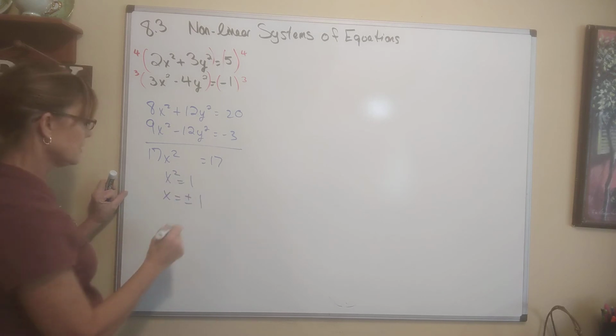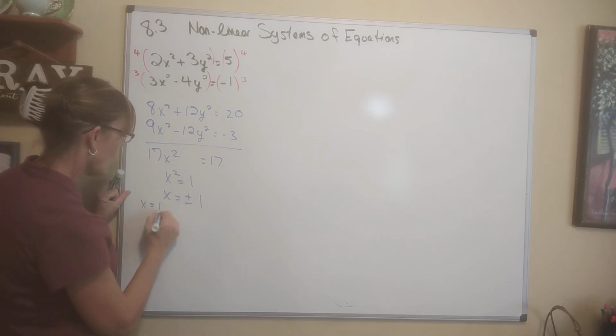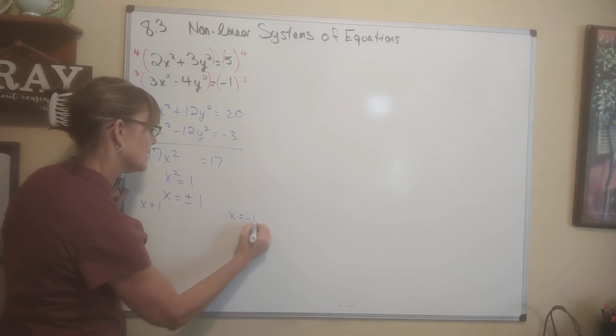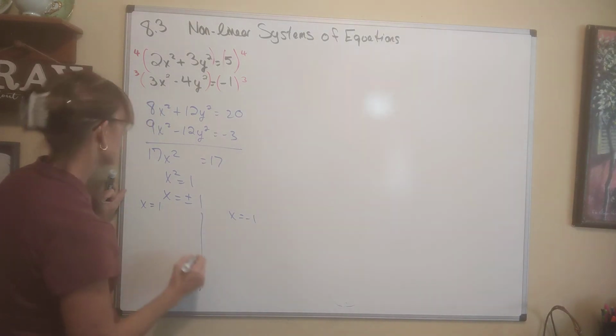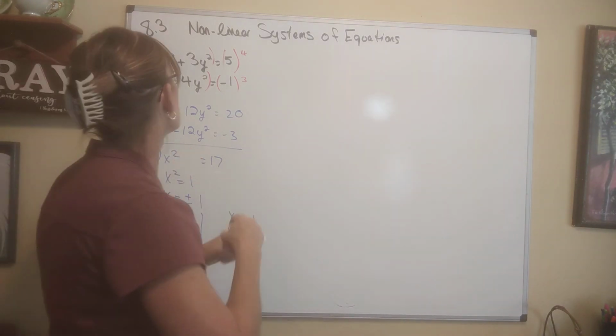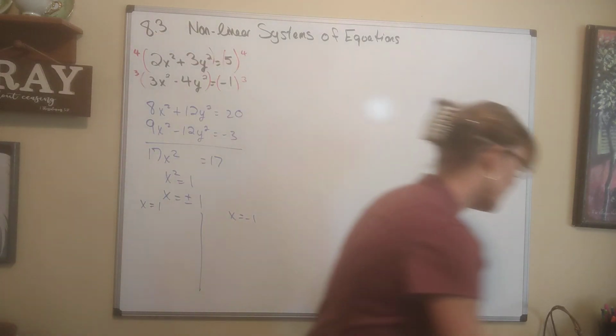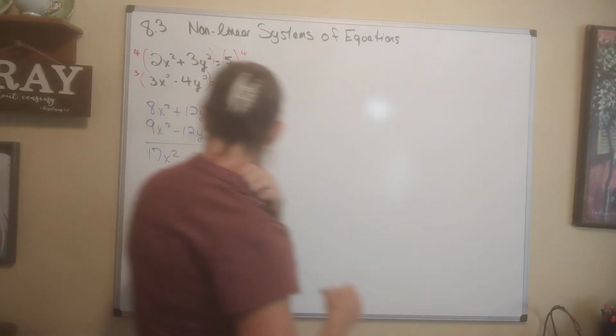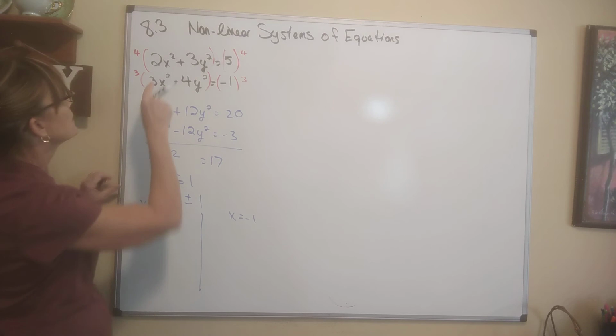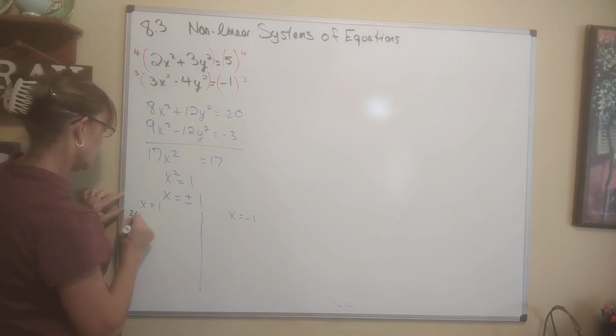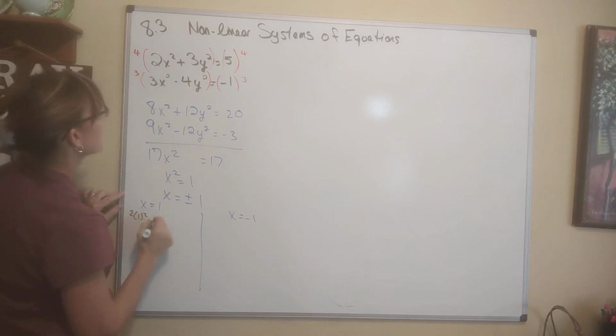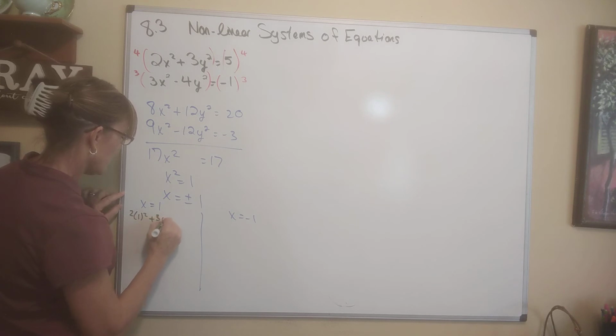So let's do this. When x is 1, what happens? When x is -1, what happens? Plug it into either equation. I'll just choose the top equation and work with it. So in the top, when x is 1, I'll have 2 times 1 squared plus 3y squared is equal to 5.